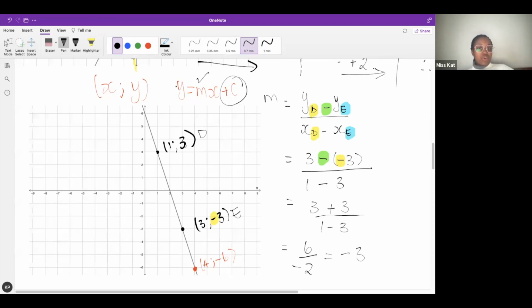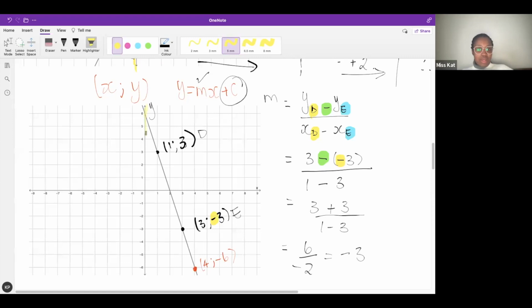Remember, C is your y-intercept. Where does the graph cut the y-axis, not the x-axis? This is the y-axis, the one that goes up, down. There we go, Eddie. I'm concerned about people saying 2, guys.